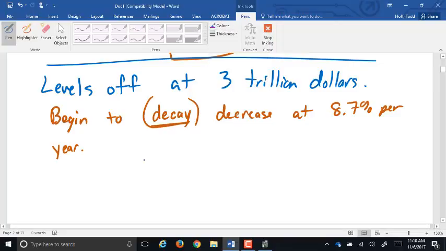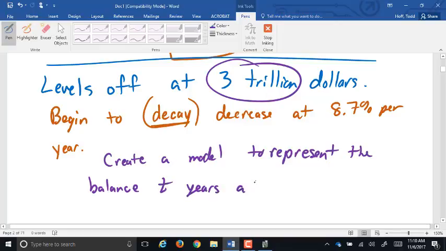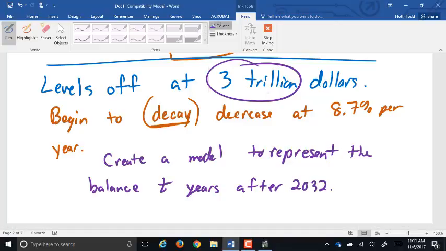So what I want you guys to do, and we're just going to use 3 for 3 trillion, is create a model to represent the balance t years after that 2032. So I'll give you guys a minute to see if you can create that model. So what type of model is this going to be?